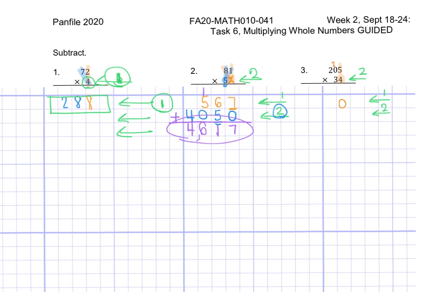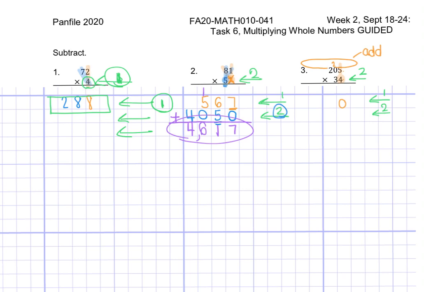And the way we carry with multiplication is we multiply and then we add. So we do the multiplication. Whatever's up here, we're going to add. So you see we multiply 4 times 5, but then we add whatever's in that top bubble.